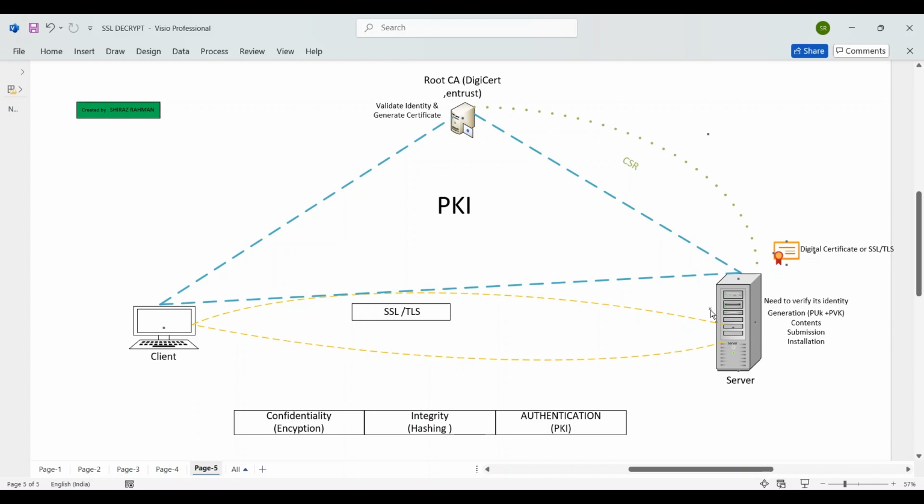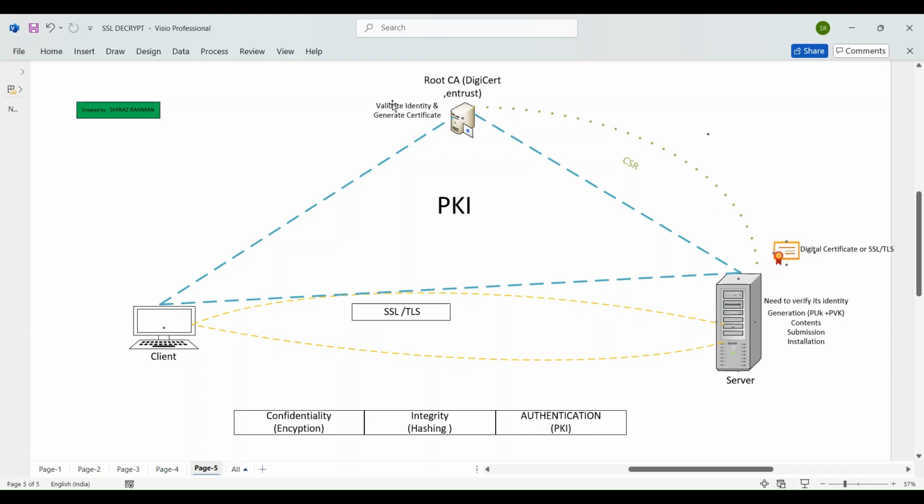But it's a CSR request to the root CA, and it's not like that. The root CA doesn't sign all the certificates without validation. So sometimes it tries to call the organization, it tries to send an email, it tries to call the people of this organization.